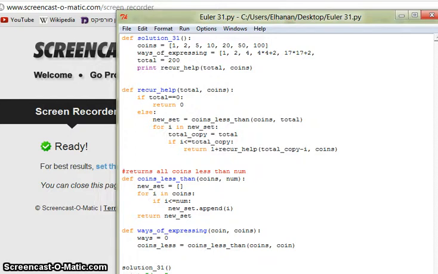Plus, we can do all ones. Oh wait, but that's one of the ways, isn't it? Yes, it is one of the ways, so we shouldn't add it. Okay, that's 1, 2, 5, 10, 20. So this is different ways of expressing 20.